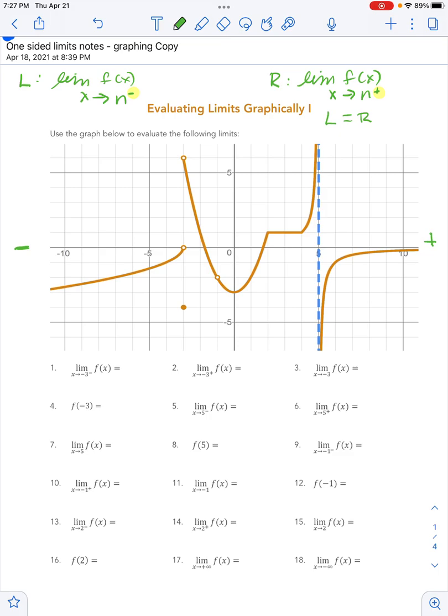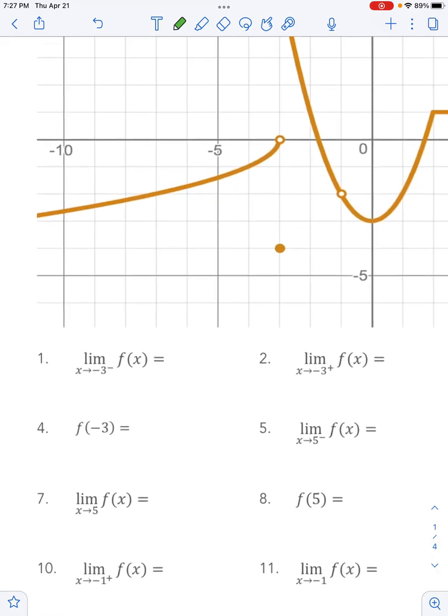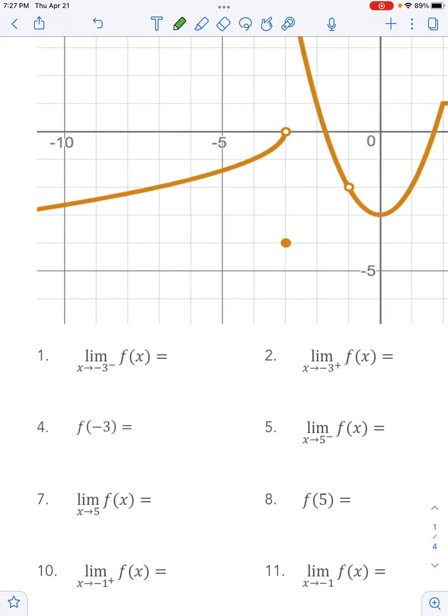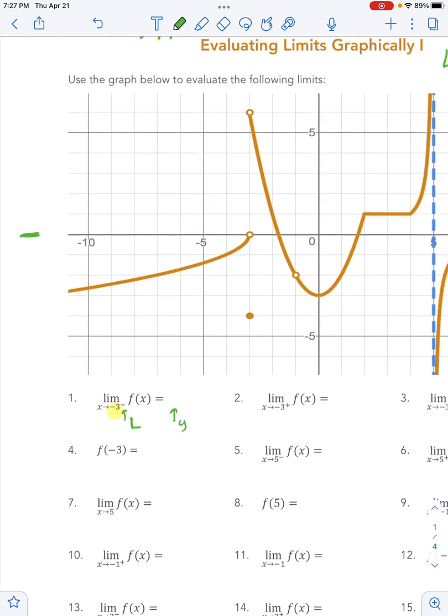So we have this crazy graph, and there's going to be all these questions to answer. So let's do it. Because of this negative here, this is coming from the left towards the number -3 as an x value, and it's asking me what y value it approaches.